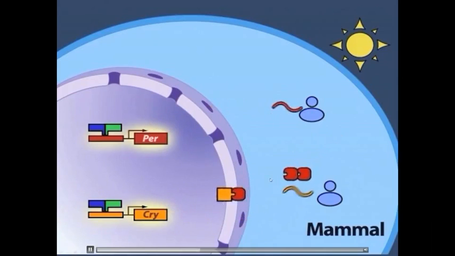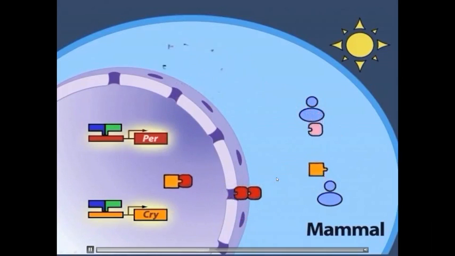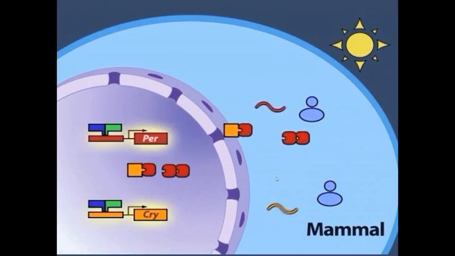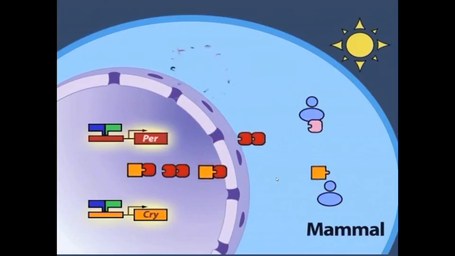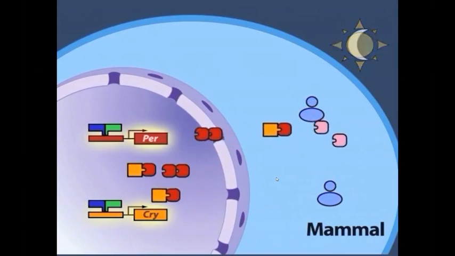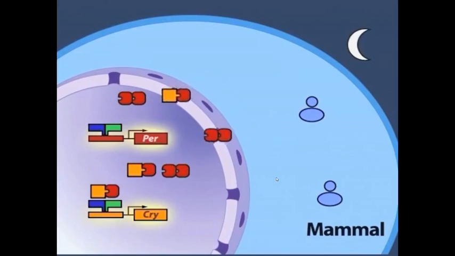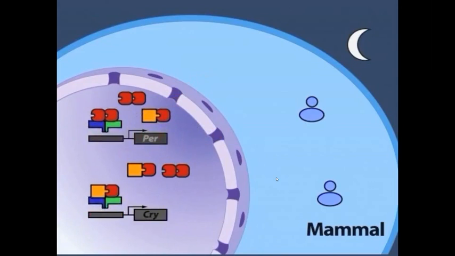The PER and CRY messages are then translated in the cytoplasm, where the PER and CRY proteins complex with one another and with other factors such as the casein kinases, and the entire complexes eventually translocate back to the nucleus, where eventually they achieve high enough levels to interact with and pull the CLOCK and BMAL complex off of DNA, shutting down the transcription of their own loci, the Per and Cry loci, in addition to hundreds of others.